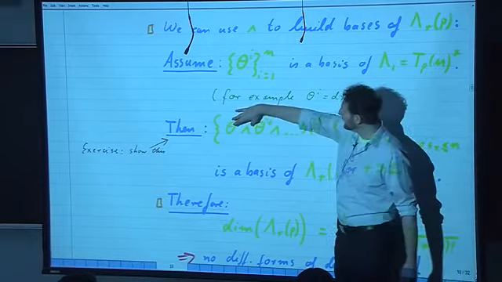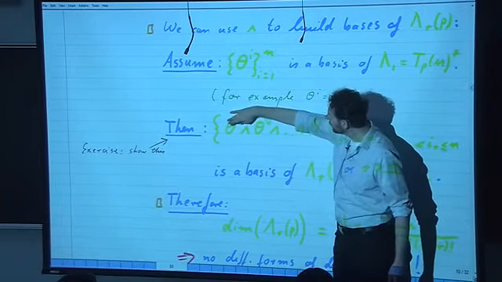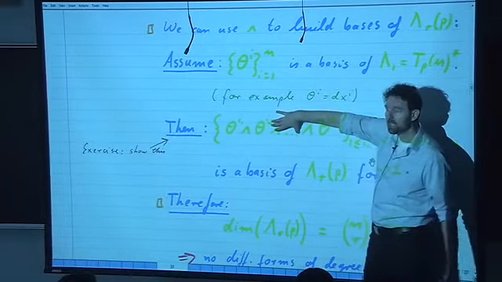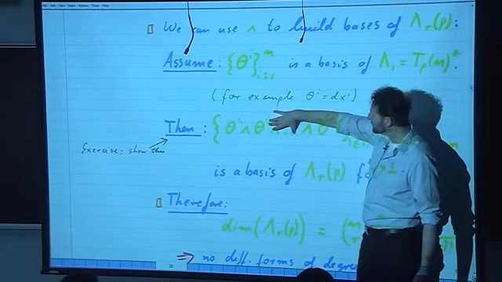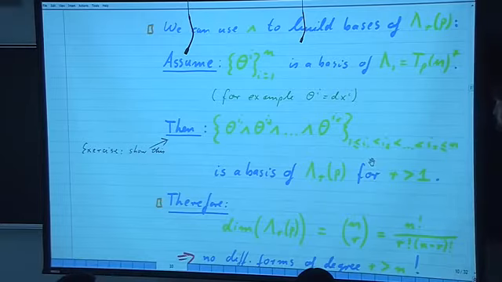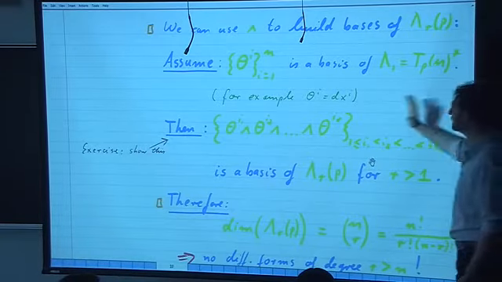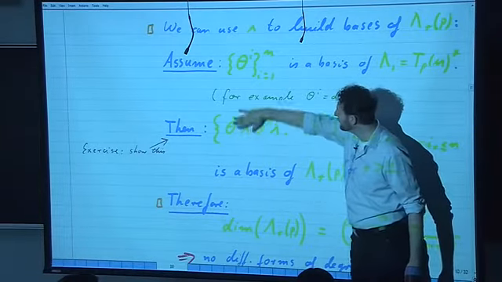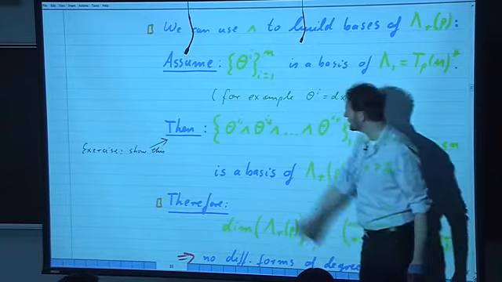Now, when we take two of those theta to be the same, then we might as well not bother because the whole thing will collapse and be 0.